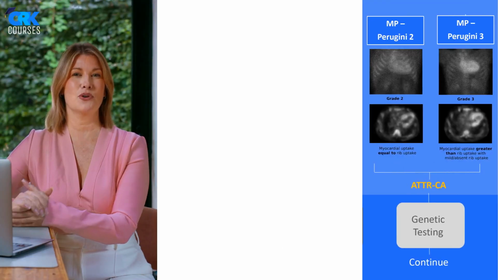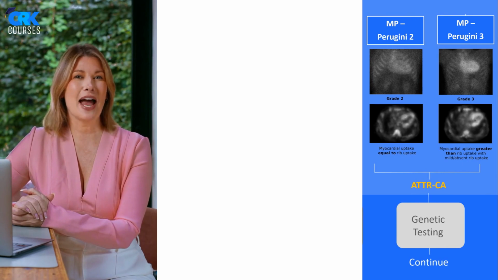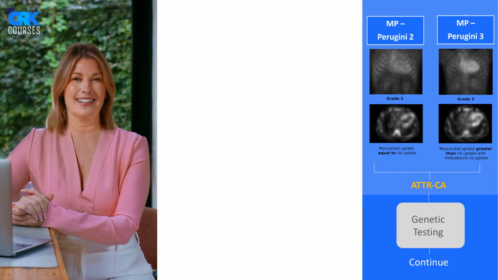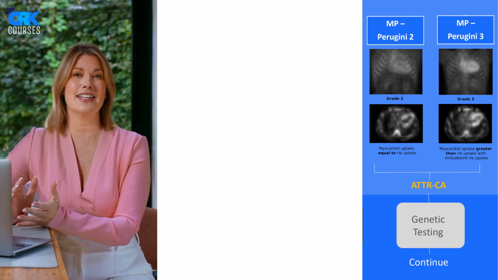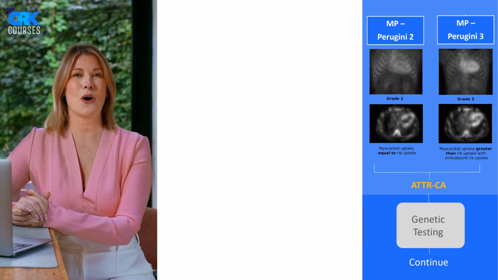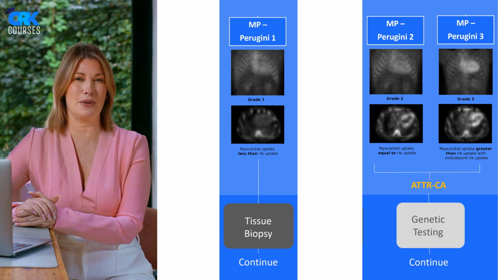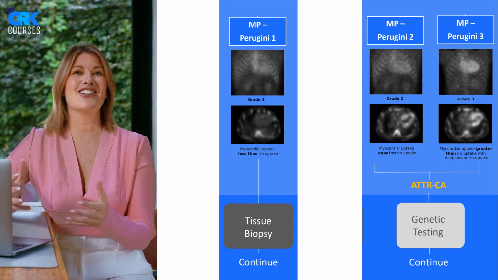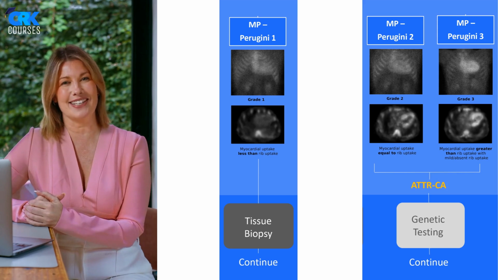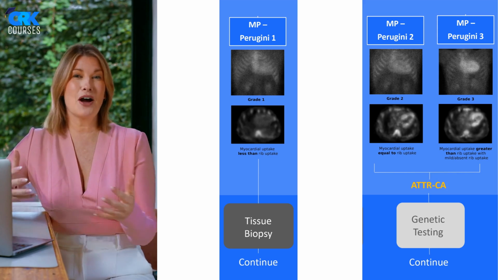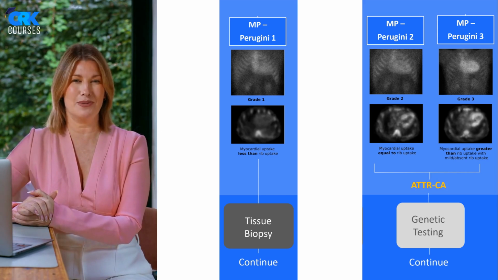In practice, when a patient presents with grade 2 or grade 3 uptake and there's no evidence of monoclonal gammopathy, this combination is diagnostic for ATTR-CM. On the other hand, equivocal findings, particularly grade 1, do not confirm the diagnosis. These cases require histological confirmation, typically through endomyocardial or abdominal fat pad biopsy.